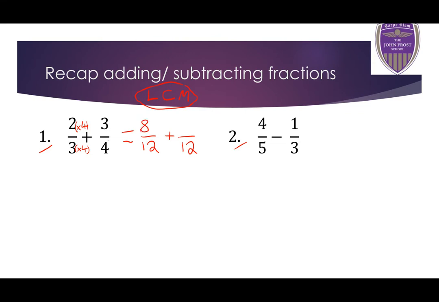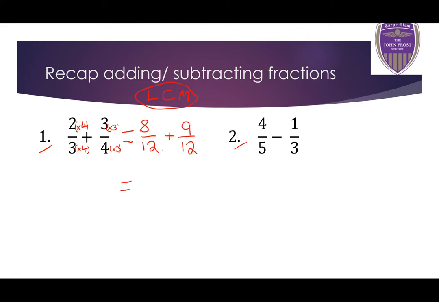Now what about 3 quarters? What do I have to multiply 4 by to get 12? I have to multiply 4 by 3. Therefore, if I multiply the bottom number by 3, I have to multiply the top number by 3 as well. So 3 times 3 is 9.